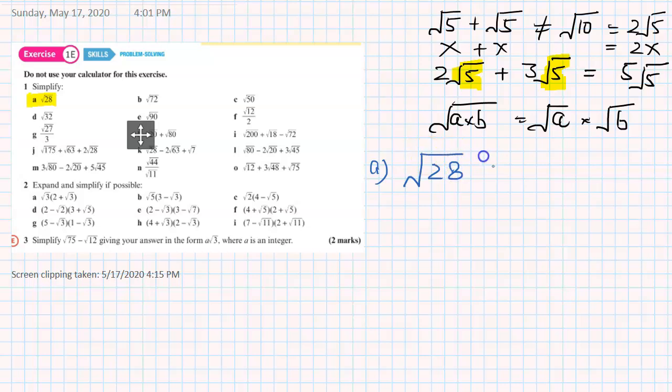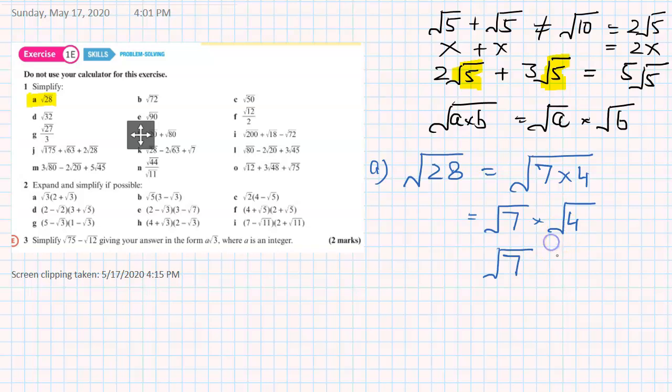Root 28. The first thing you have to do is factorize it. We know that 7 times 4 is 28. Root 7. Now we separate it. Multiply root 4. So what is the value of root 4? That is root 7 multiply 2.